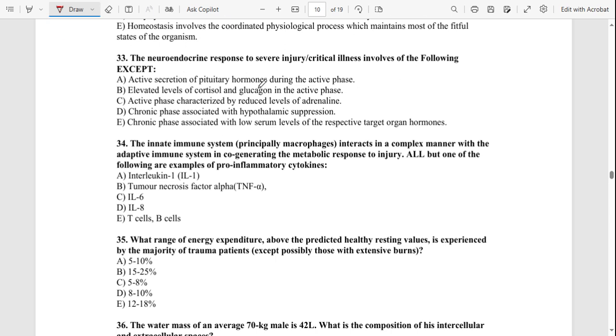So, which of these responses is not there in severe injury or critical illness?